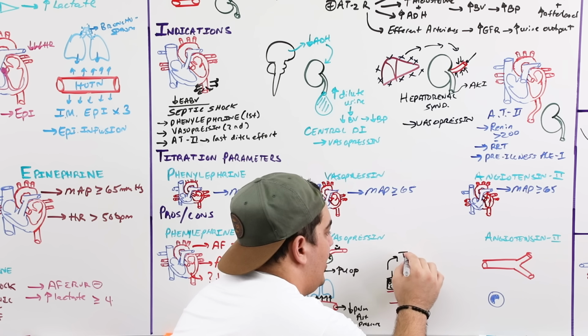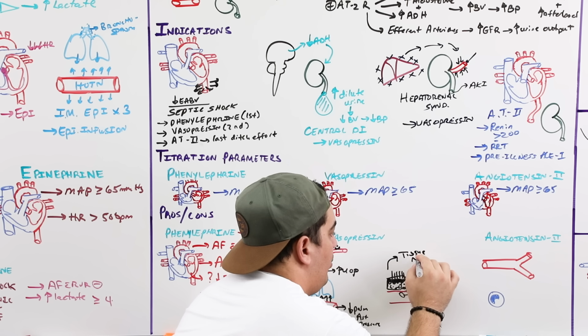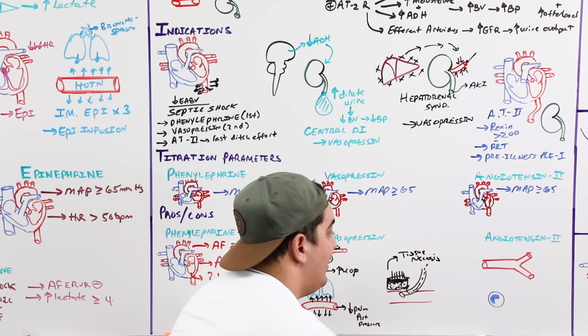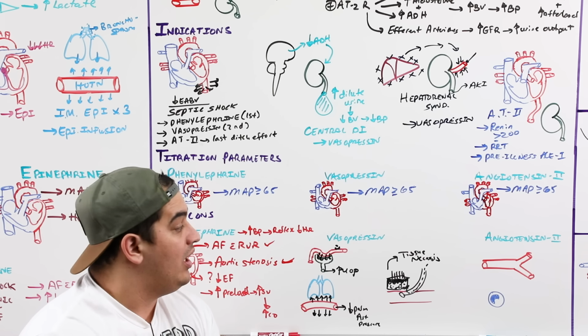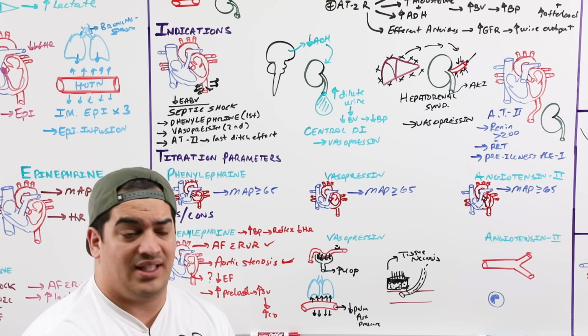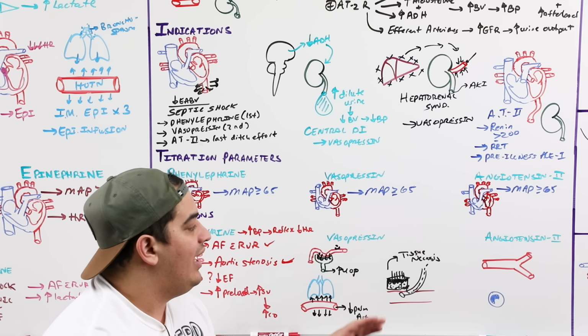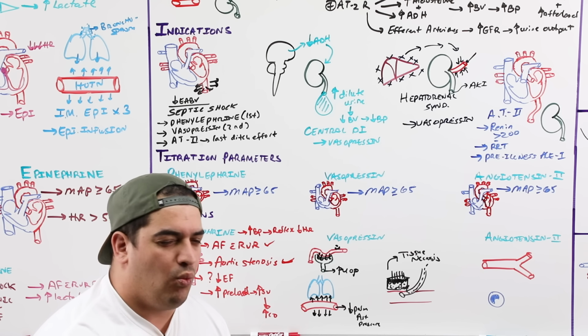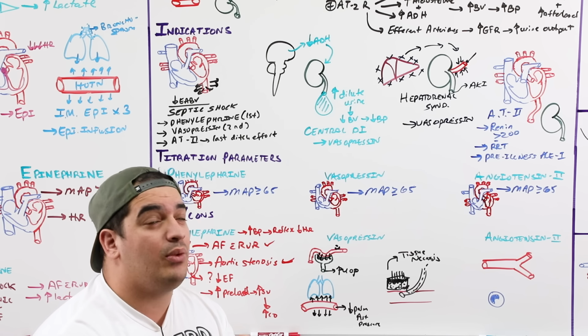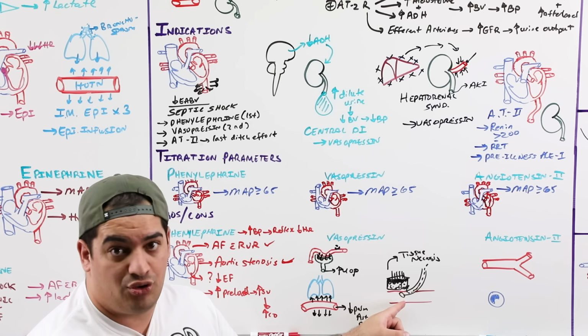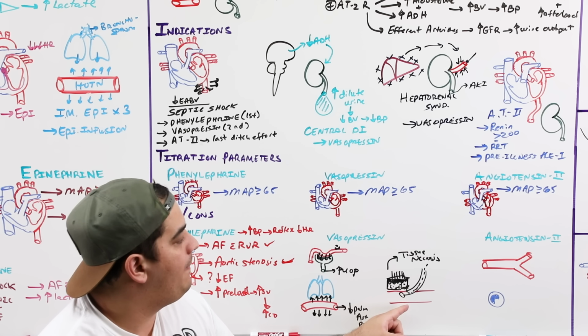It can cause tissue necrosis. No joke, you can actually lose digits, lose fingers and toes if this drug extravasates. So it has a very high risk of tissue necrosis and digital ischemia if it extravasates. That's one of the things you really want to be careful of if you're running this drug through a peripheral IV, okay?